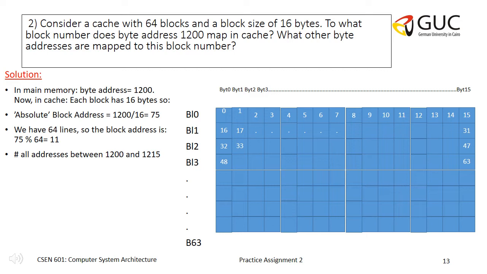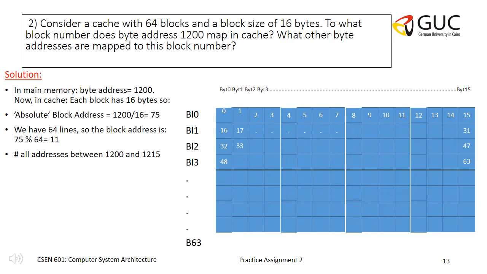That tells us which block the address 1200 belongs to. So if we divide 1200 by 16, we get 75. So the address 1200 belongs to block number 75.